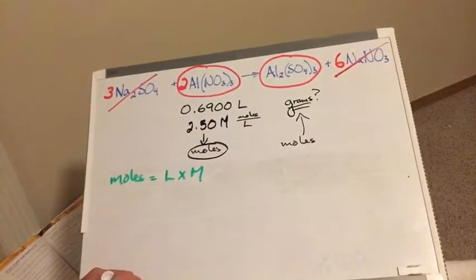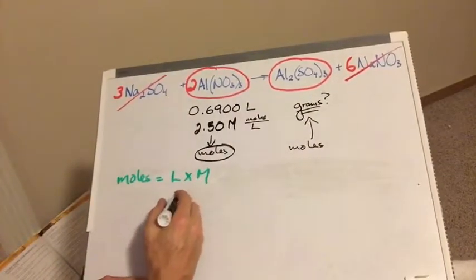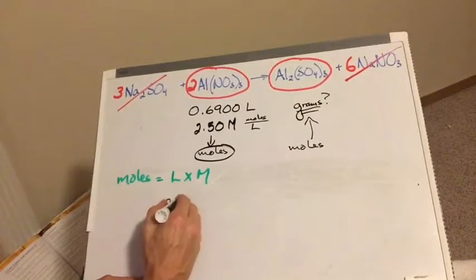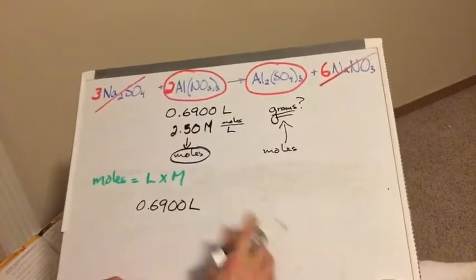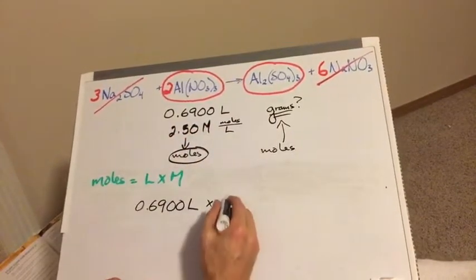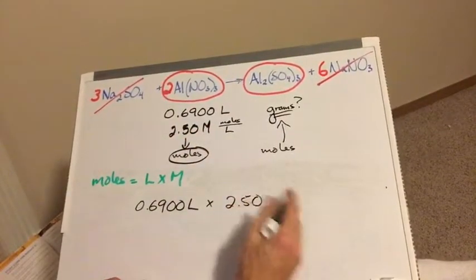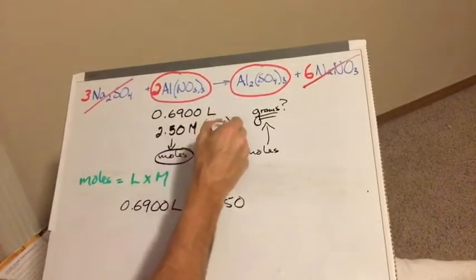I've got liters and I've got molars here. So if I calculate that out, I've got liters being 0.6900 liters times 2.50 molars. Instead of writing molars, I'm going to write what molars are, which is moles over liters.